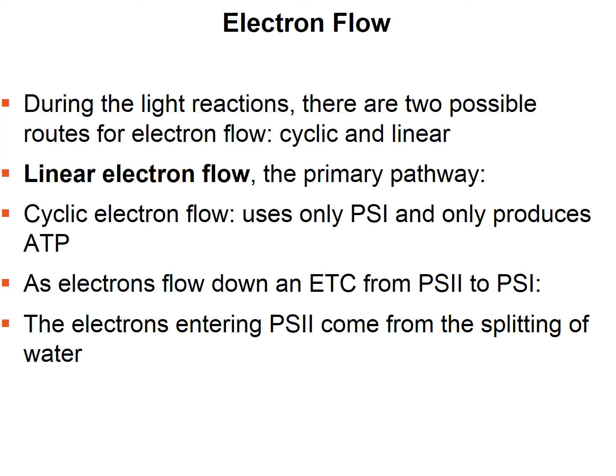They're then going to want to come back over, like we talked about in cellular respiration, and this is how ATP is going to be produced. The electrons entering PS2 come from the splitting of water.